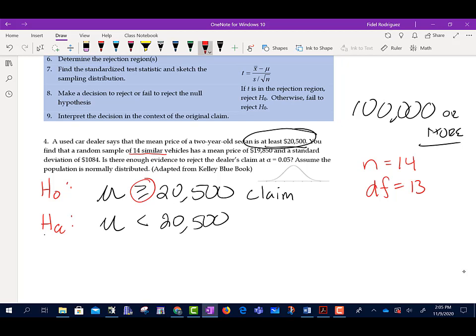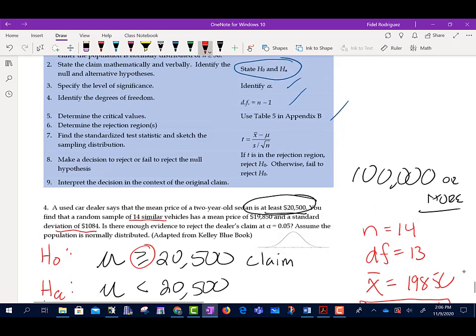So it says we have a mean price, so my x bar is 19,850, and it says my standard deviation is 1,084. So one thing I want to mention here, because it didn't specify that it was a population standard deviation, we have to assume it's a sample standard deviation.